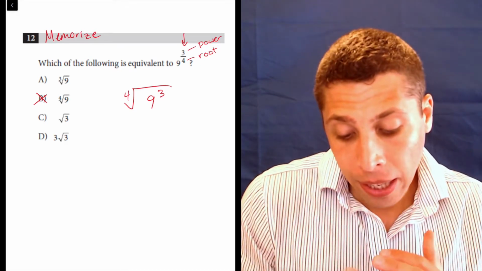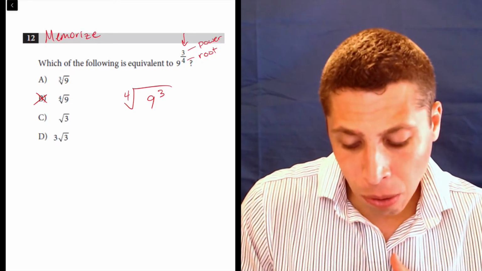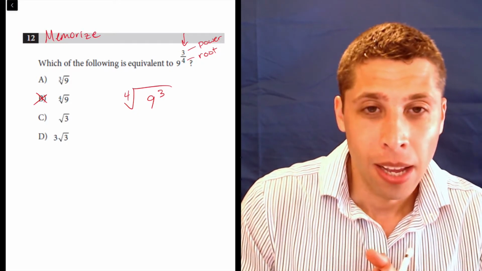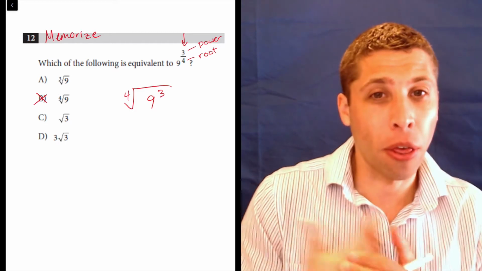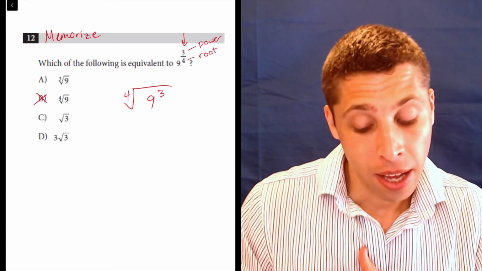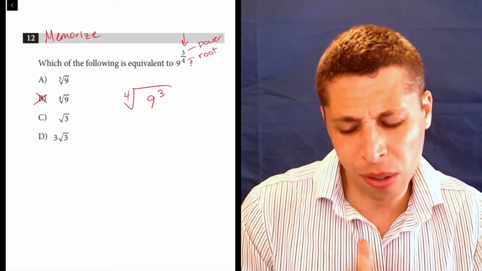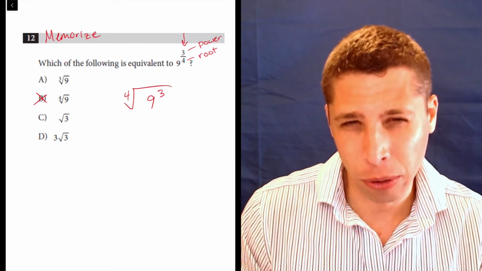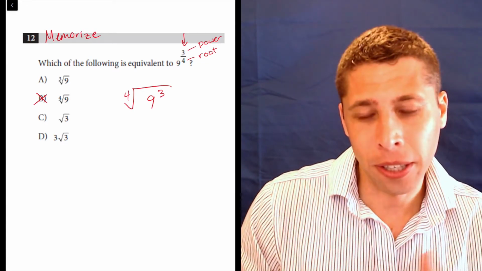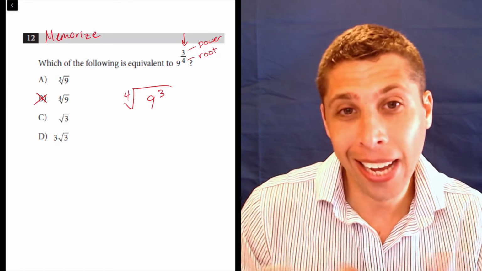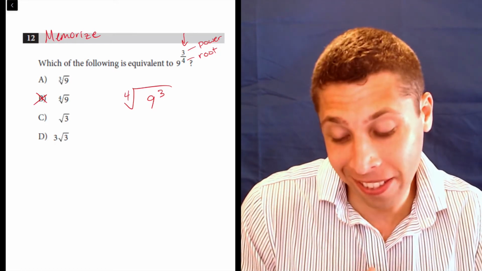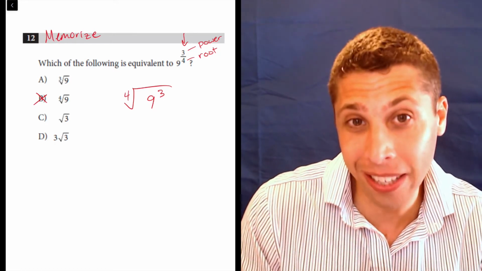I also might be like, well, choice A seems kind of weird, right? I know it's going to be a fourth root, so that's kind of weird, where the 3 I know is not supposed to go there. The other piece of this, though, is that C and D are also not fourth roots. They're square roots. So that's kind of weird. Maybe to you those don't seem different, but to me there's a big difference.